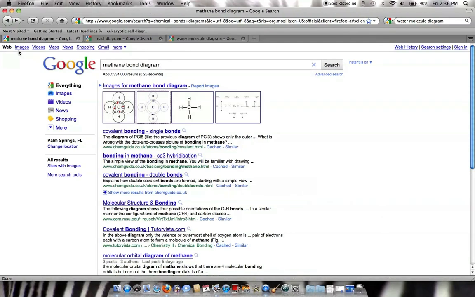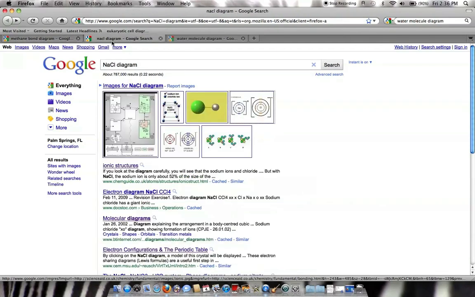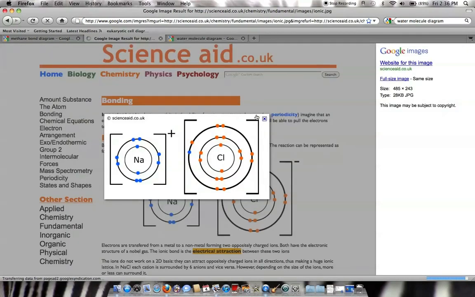Our next type of bond is an ionic bond. Now, an ionic bond occurs when you have 2 atoms that need to have the outer energy level filled.